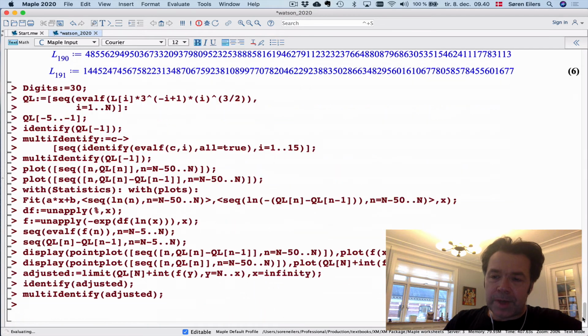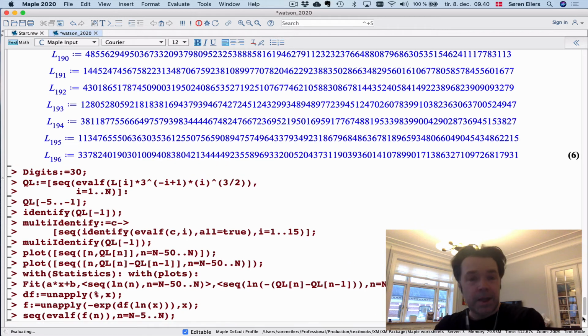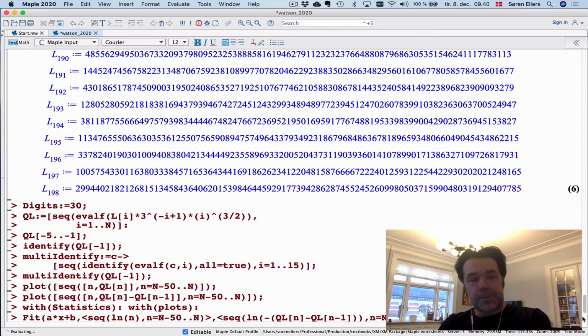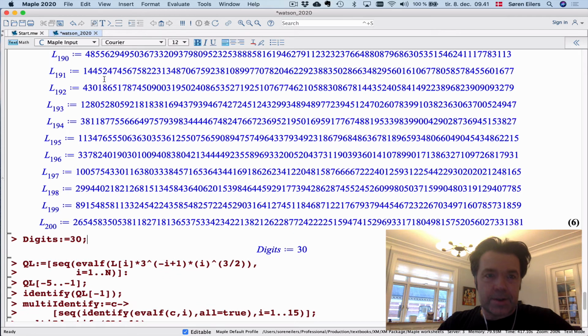Because the thing that I would like to do now is to see if I can come up with a candidate of the constant which relates these numbers to 3 to the minus n times n over 3 halves. So remember that we found by looking at this data that it was tending to grow as an expression like this.